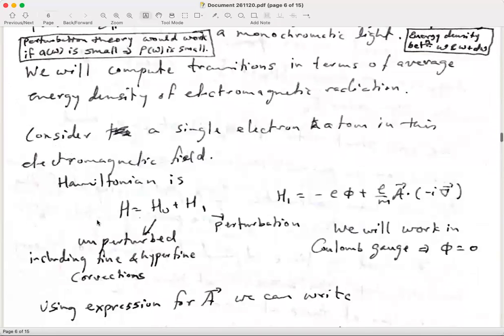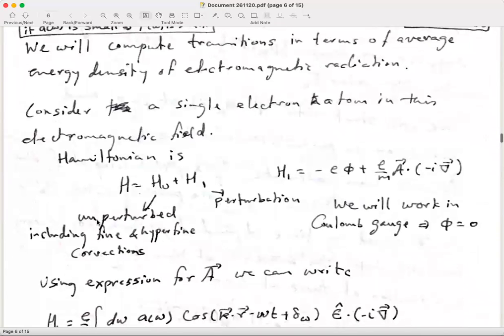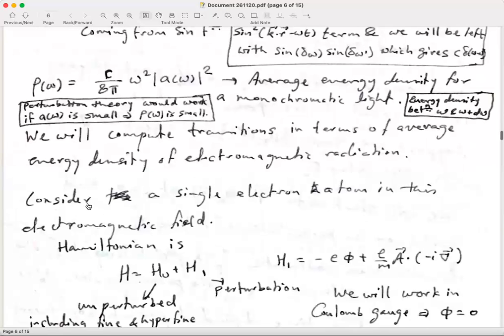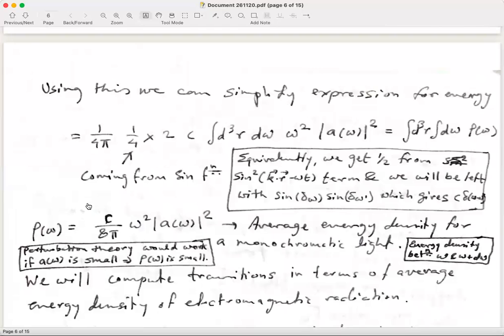So we will try to compute the transitions in terms of the average energy density of the external electromagnetic field. Good. So before that, is this okay? This is just a description of incoherent radiation, which is a kind of solution to the electromagnetic wave equation.